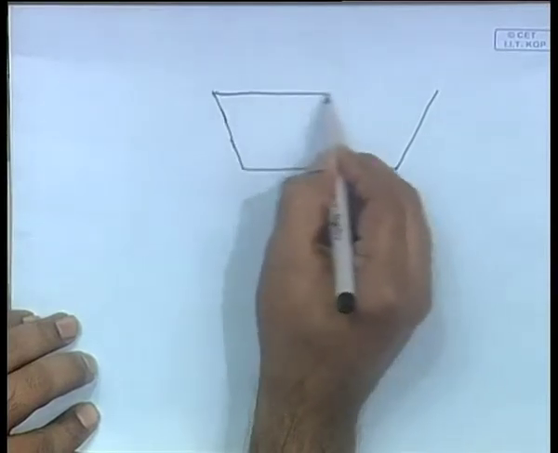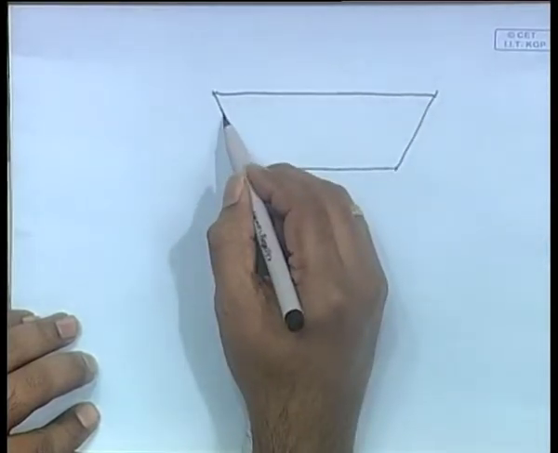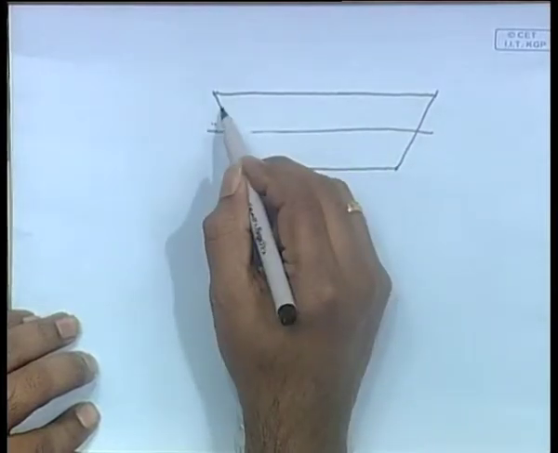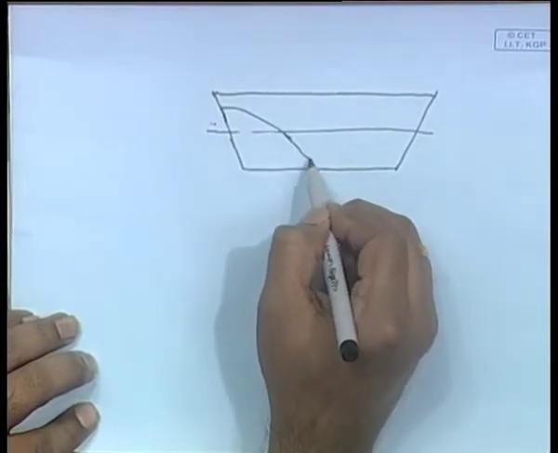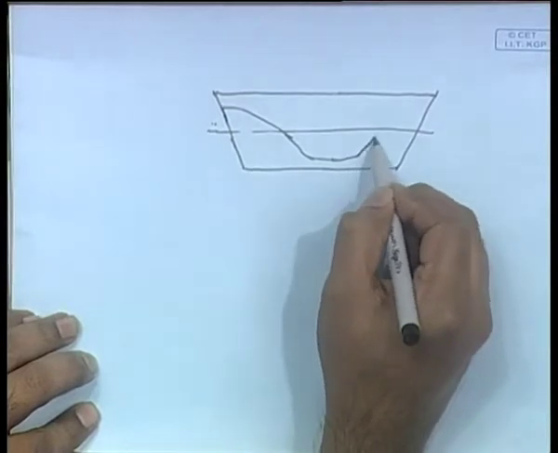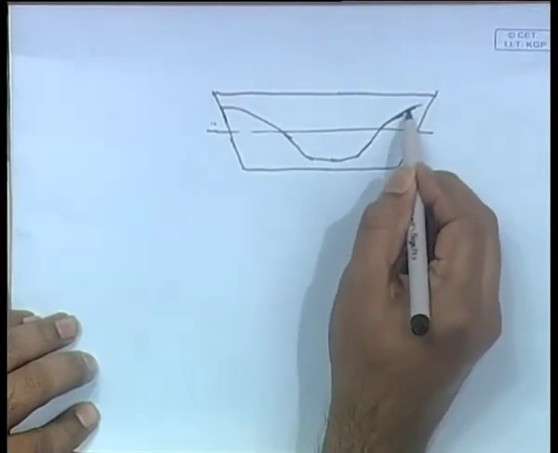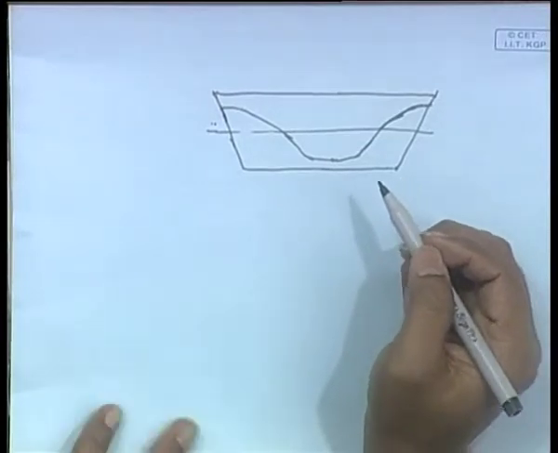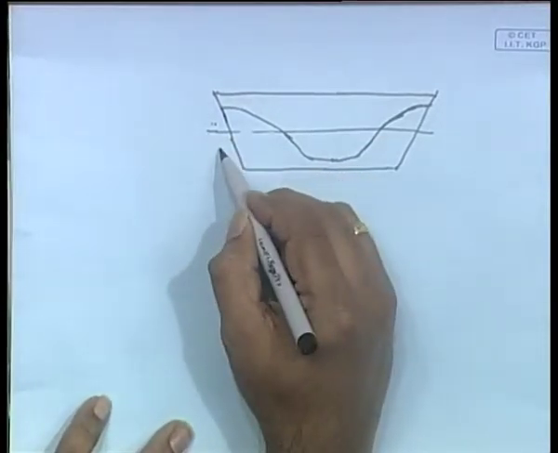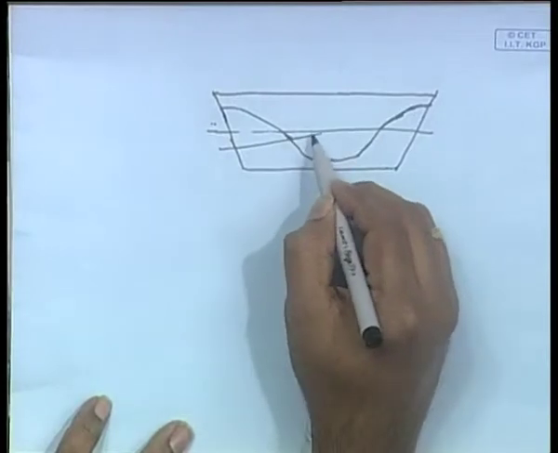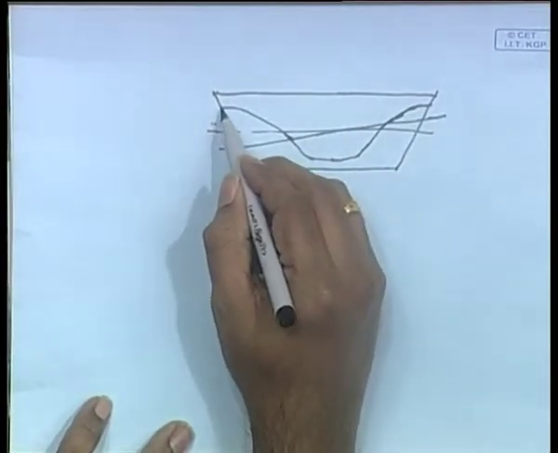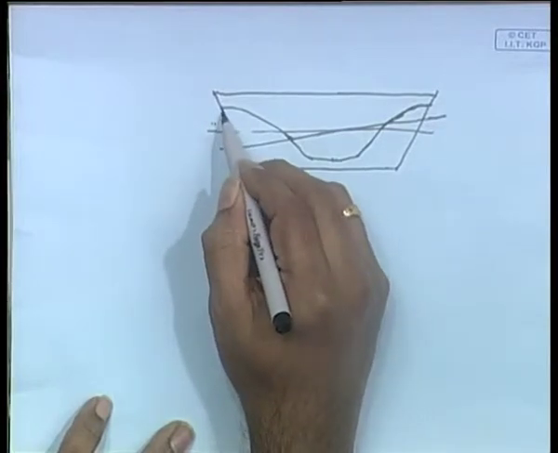So, if you have the ship, let us suppose that this was some still water line. So, this is now your one water line. Okay, this becomes one water line, and therefore, when the ship trims about some value like this, the water line is like this.